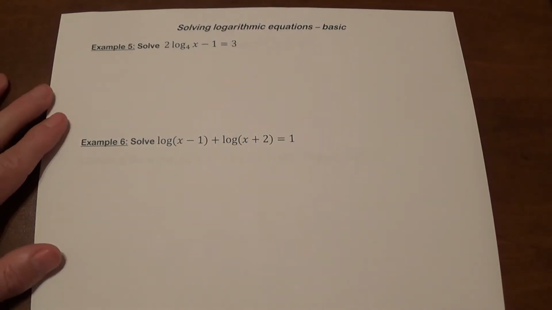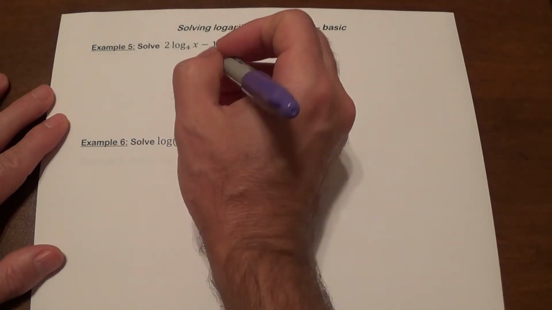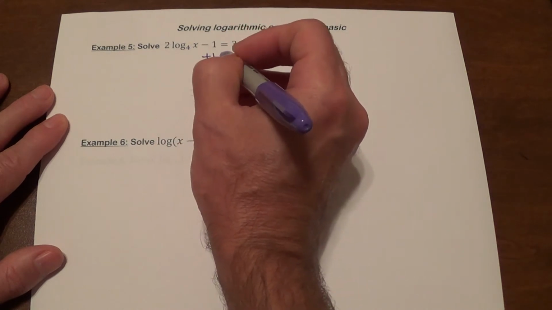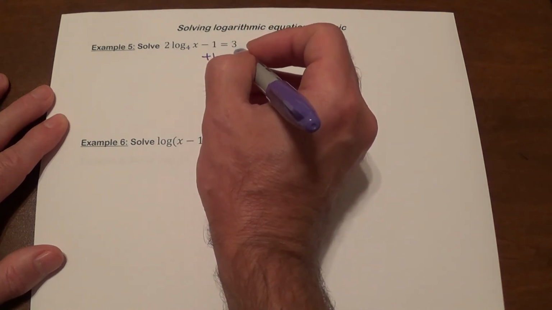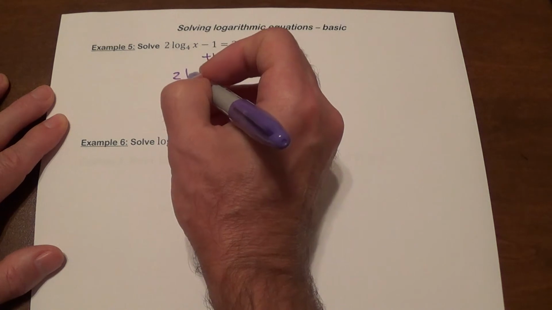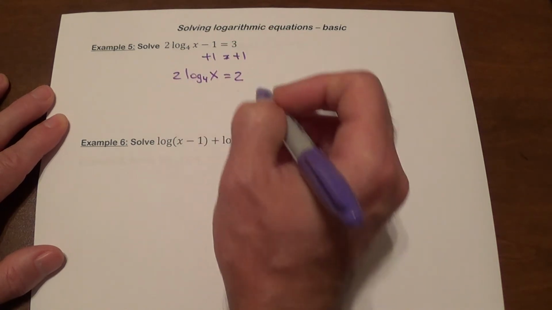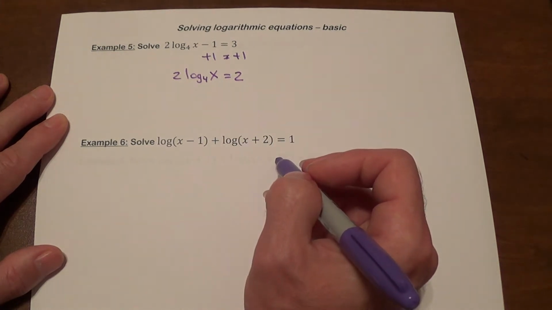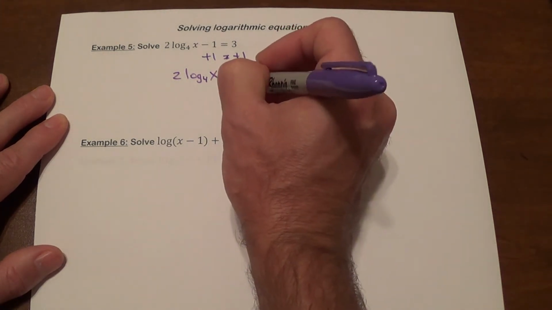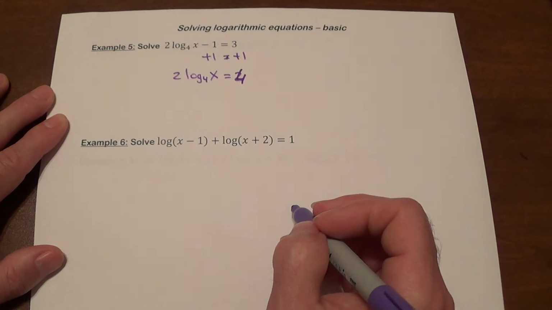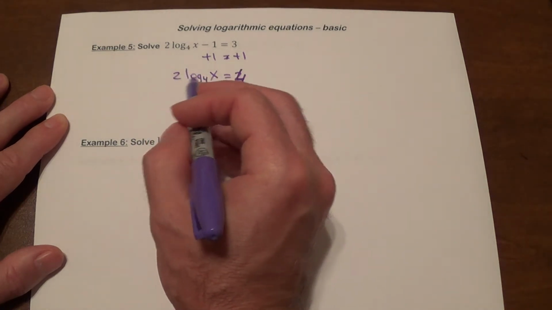Alright, so this problem here, first of all we want to get rid of this 1, so we add 1. So we have 2 log base 4 of x equals, oh, I'm sorry, that's going to be 4. 3 plus 1, of course, is 4. So what do we need to do now? You see it's 2 times the log.